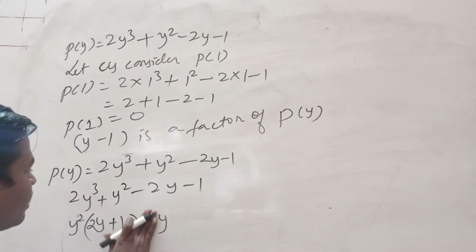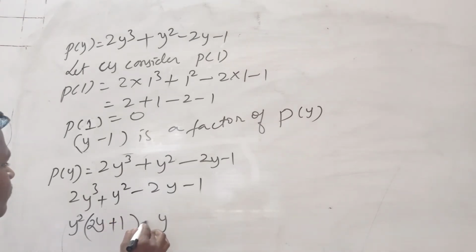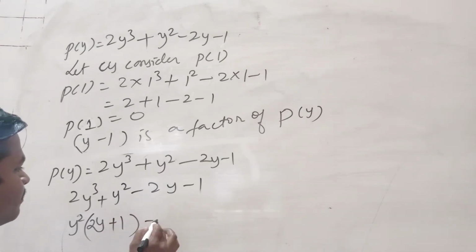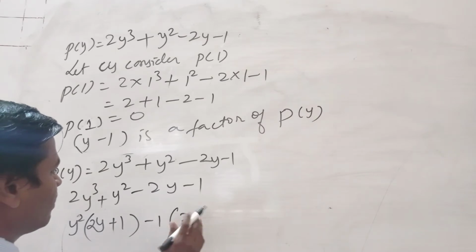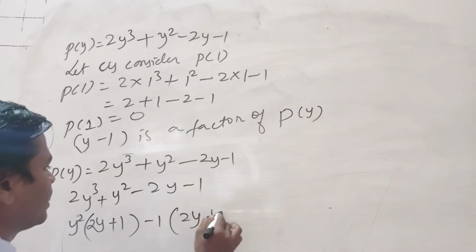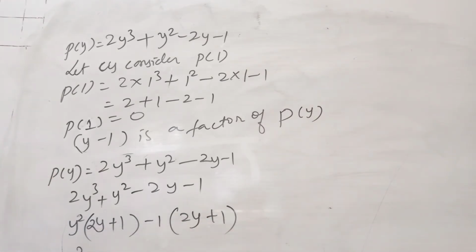If you take minus 1 outside, 2y plus 1. 2y plus 1 is common.